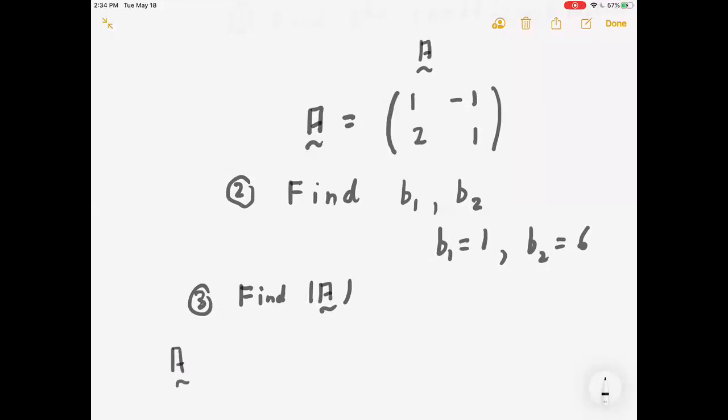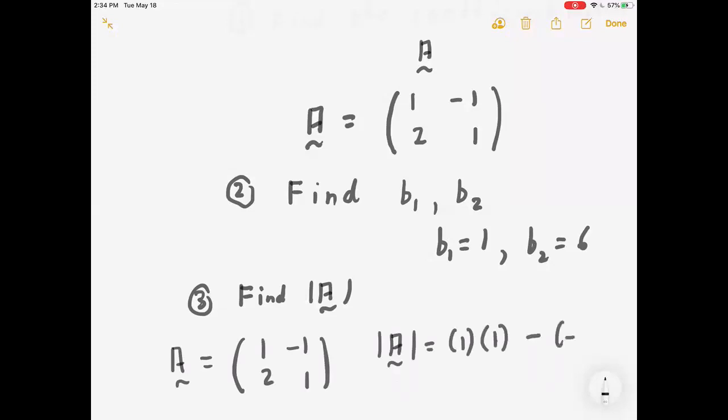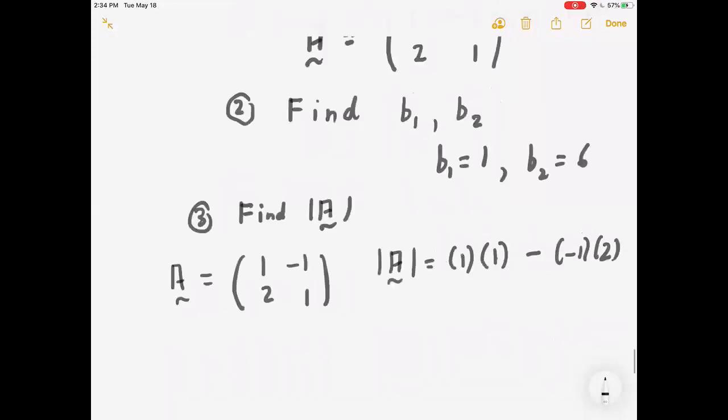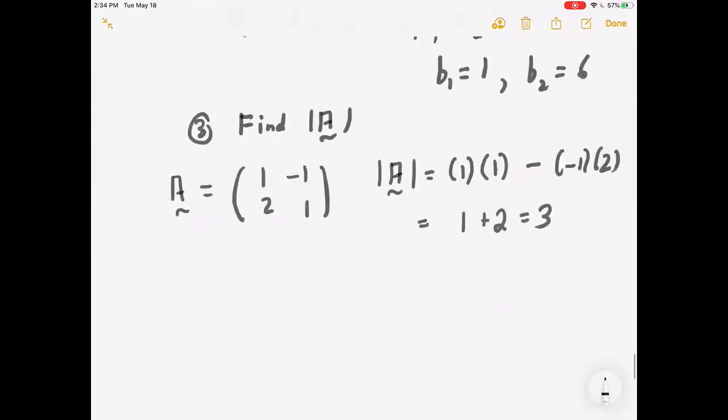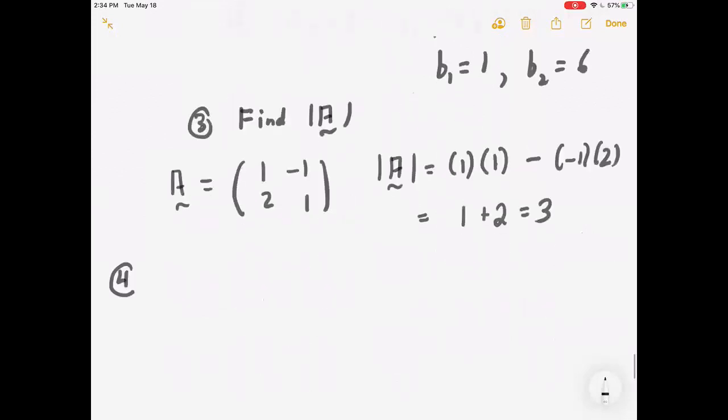The coefficient matrix, again, I'll rewrite it. It's this. So if you want to calculate its determinant, using the high school rule, 1 times 1 minus minus 1 times 2. And so that's going to give you 1 plus 2 or 3. Okay.